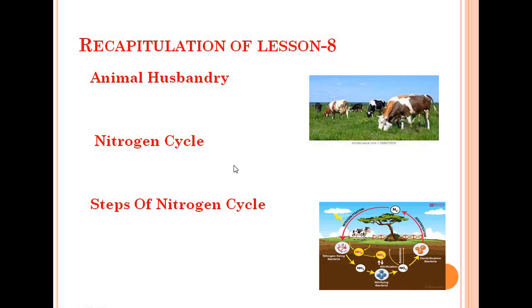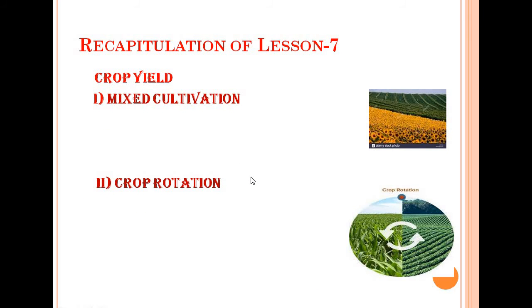On the other hand, this is crop rotation. Here we are showing in the figure the alternating of crops, meaning two crops are grown in the same field but not at the same time. They are grown alternately. For example, if leguminous plants are grown alternately with cereal plants or the cotton plant, what would happen?